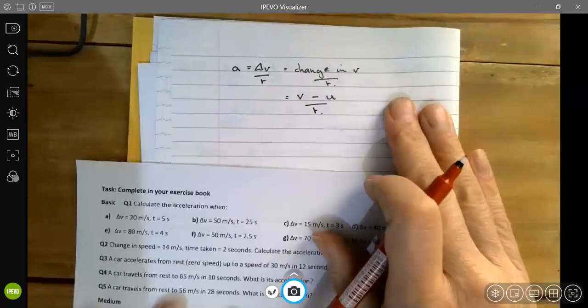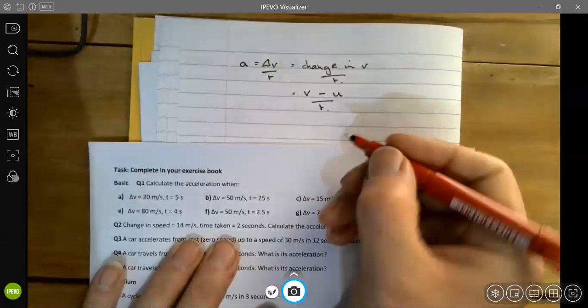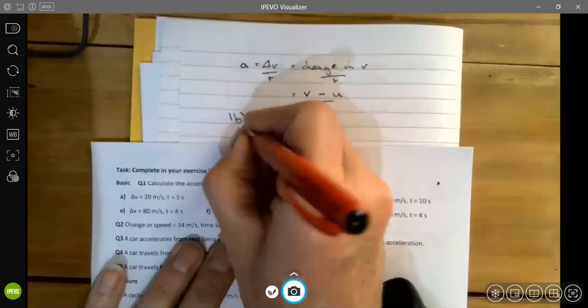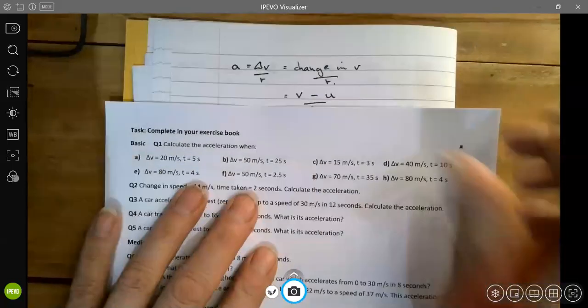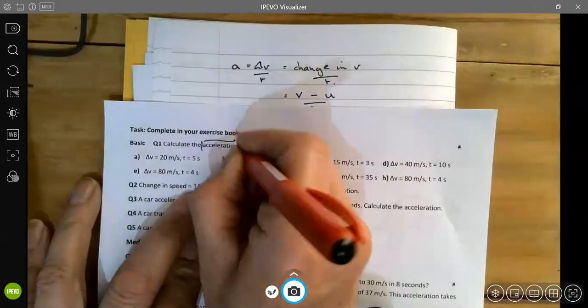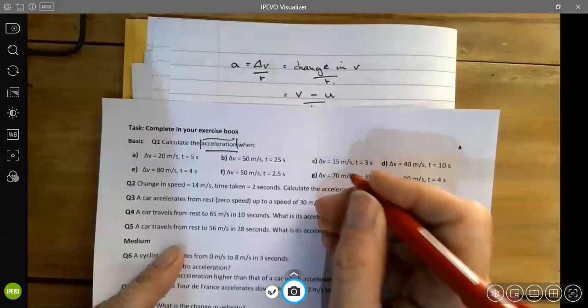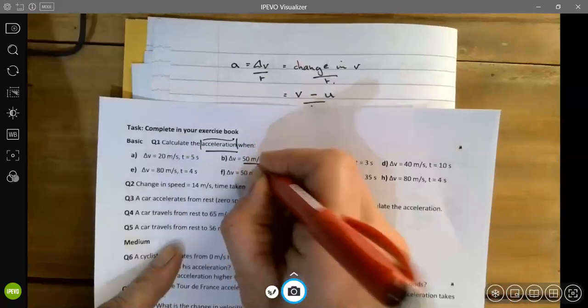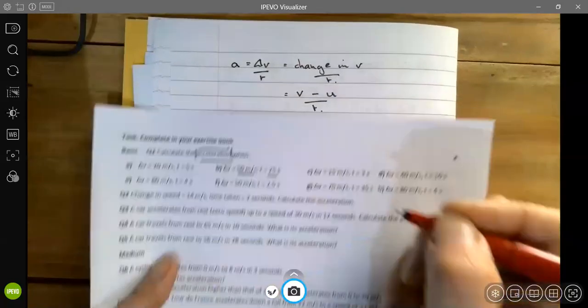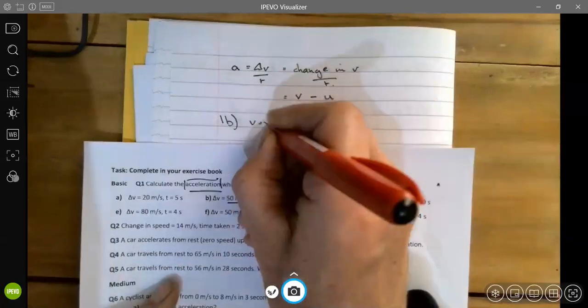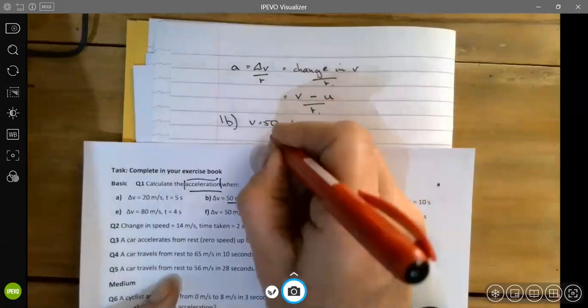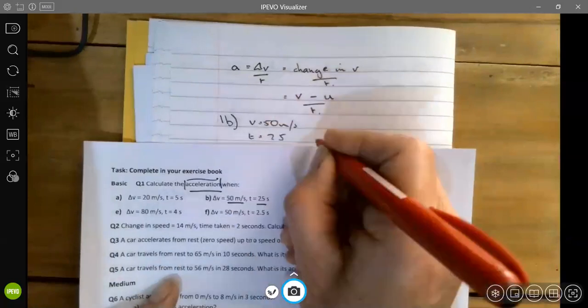So let's just do 1b. So what we've got to do is we're going to calculate the acceleration. And we're given v is equal to 50 meters per second, time is equal to 25 seconds.